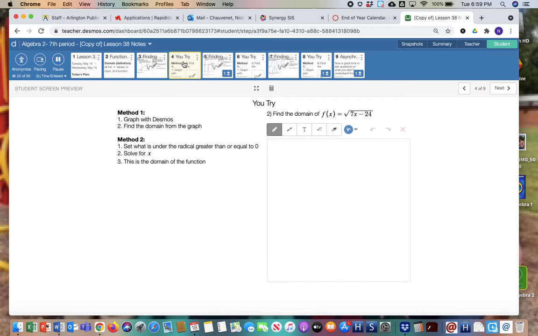All right, so how would I find the domain of this graph? Well, again, this is a square root graph, so one way I could do it is algebraically. I need 7x minus 24 to be greater than or equal to 0, right? Then I'm going to solve for x.